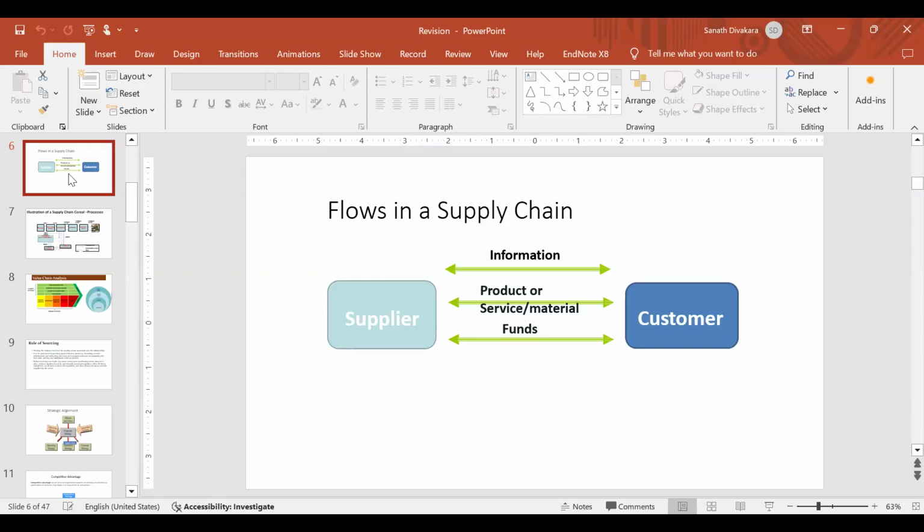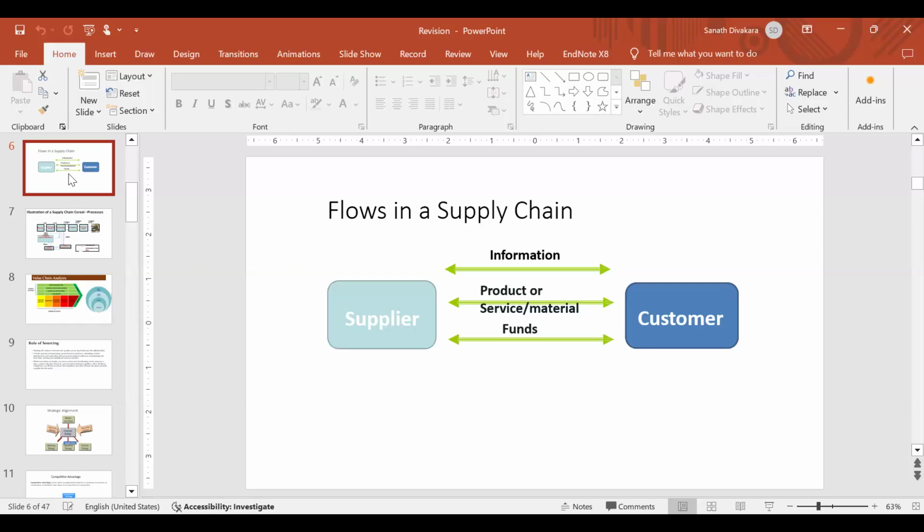Product is flowing from one end to the other. You get the raw material by purchasing, then it is transported, then you get it to the warehouse, then you do inventory, and you issue it to operation. In operation they add value. How do they add value?